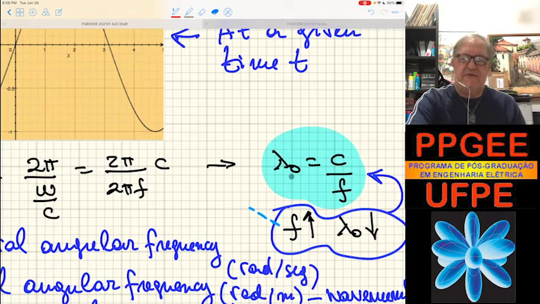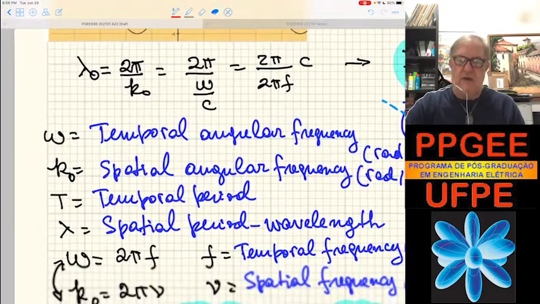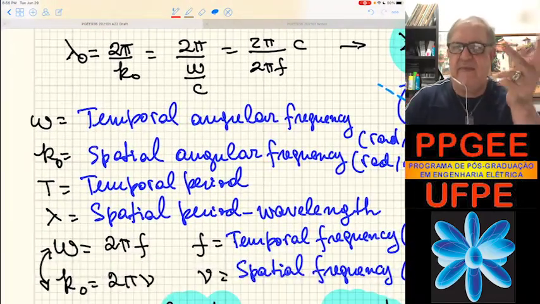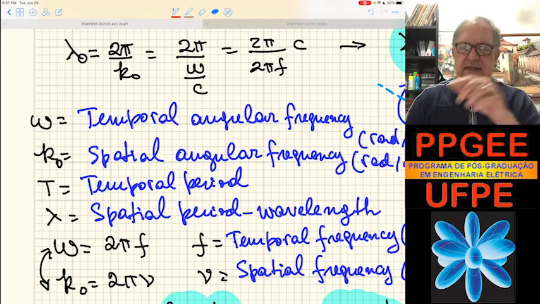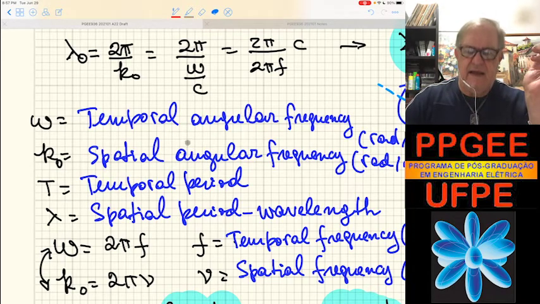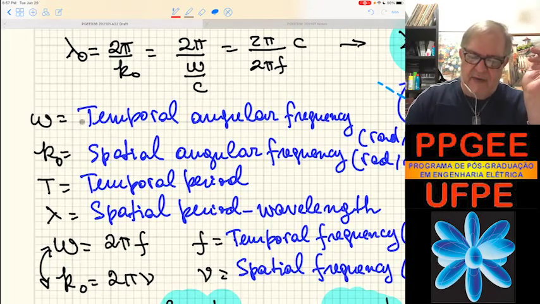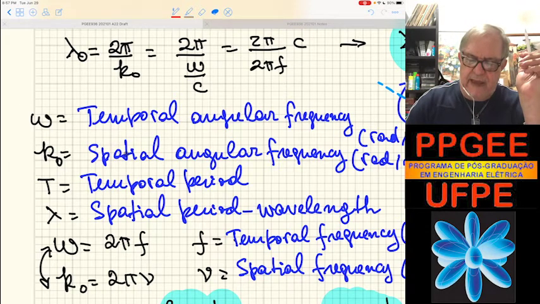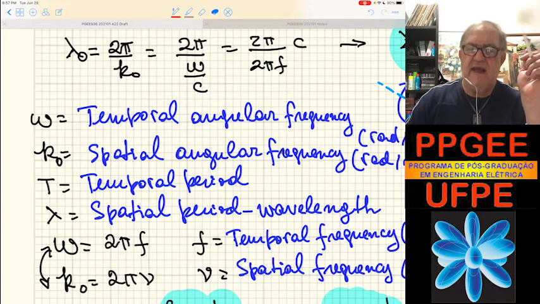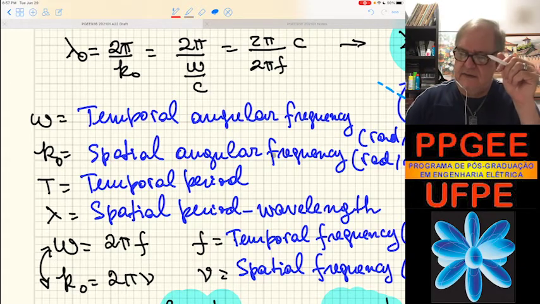So we have names for those quantities. We have to make the difference between frequency and angular frequency. When we talk about omega, we are talking about the temporal angular frequency, radians per second. k0 is the dual parameter in space. This in fact is the spatial angular frequency, radians per meter.